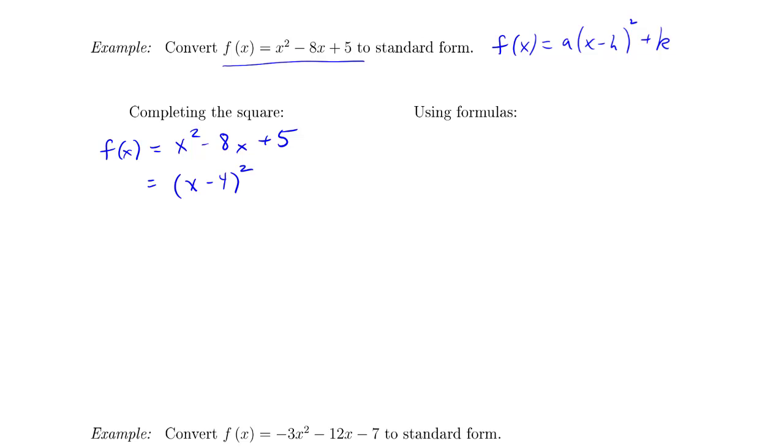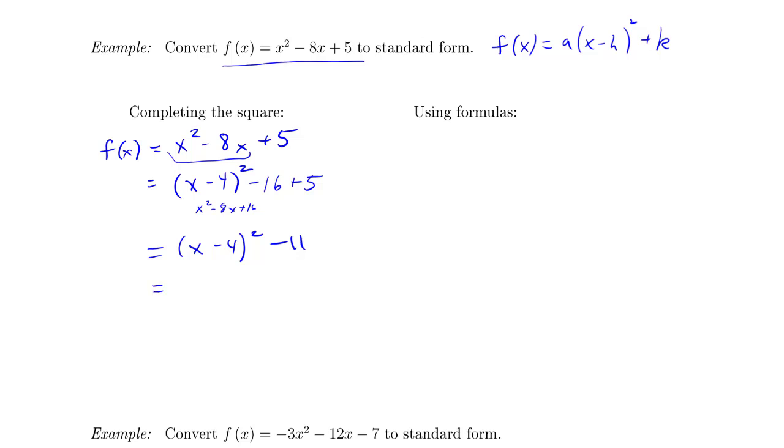Now, when I square that out, I would get x squared minus 8x plus 16, but that is not what I wanted there. That's too much. I have an extra plus 16. I take it away. I still have the plus 5. So I get (x minus 4) squared minus 11.